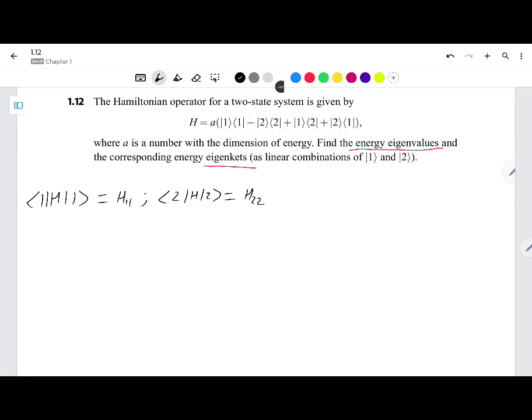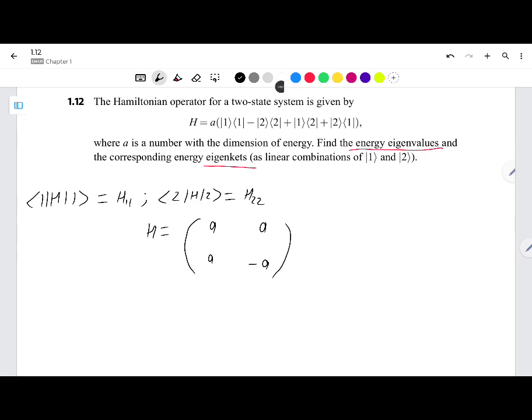Based on this, one can write the given Hamiltonian in the form of a 2 by 2 matrix. There is 1 1, there is 2 2, there is 1 2, and there is 2 1.